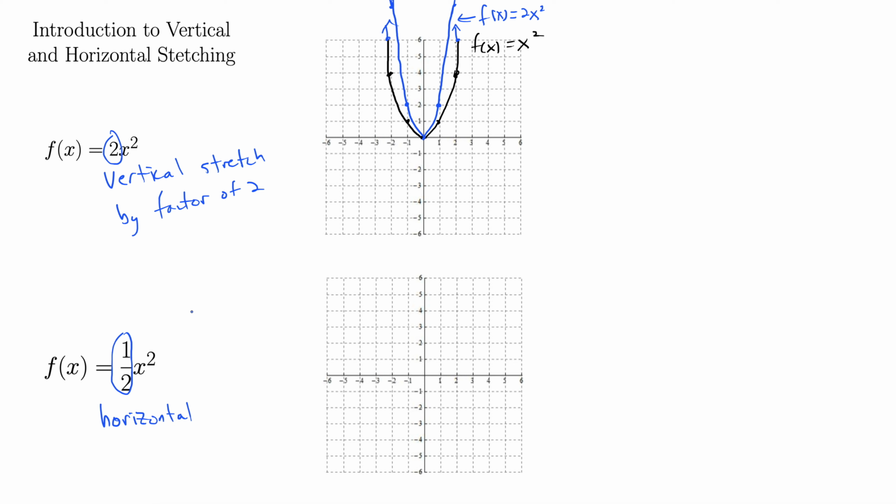So the first one got more narrow, the second one's going to get wider by a factor of 1/2. So let's just add in here, the first makes narrow, and this one makes wide.